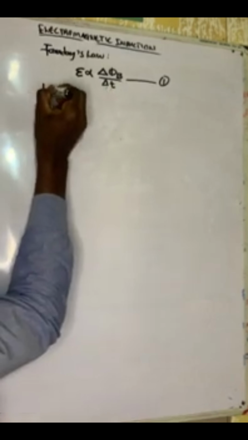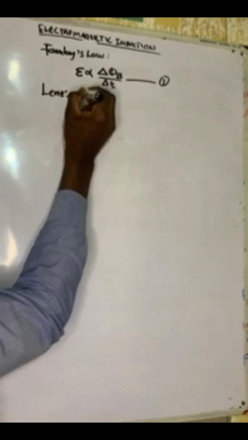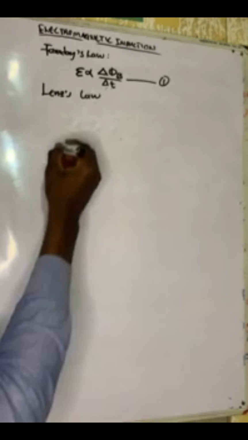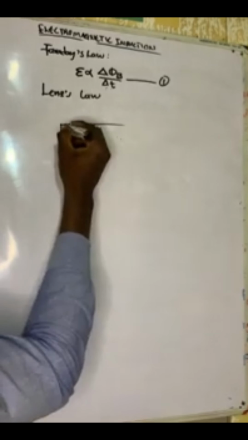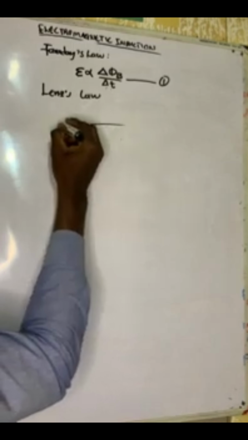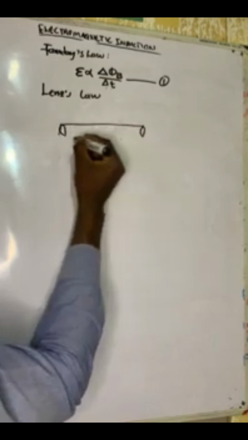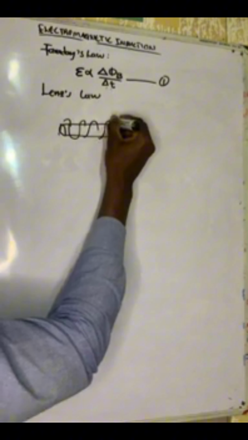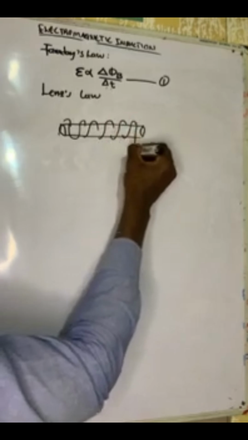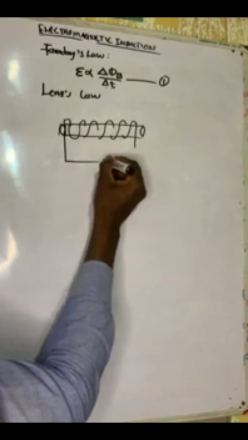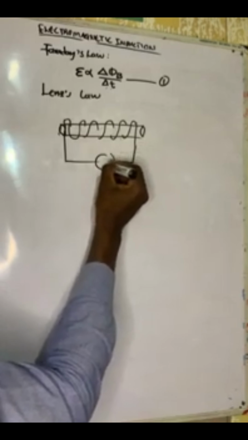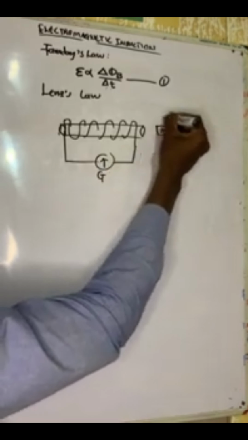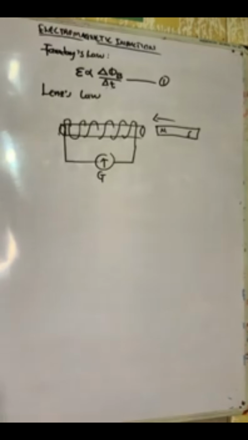And then Lenz also came in and said that during electromagnetic induction, of course, let me give you the scenario one more time. Let's say this coil is connected to maybe a galvanometer, the pointer G. You give it some sort of magnet and the south pole.